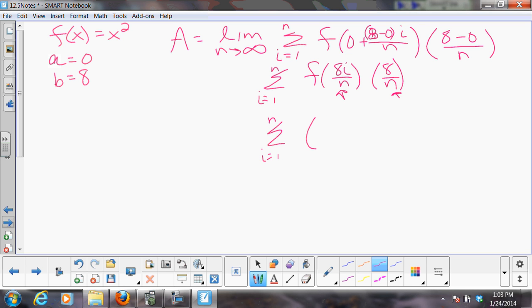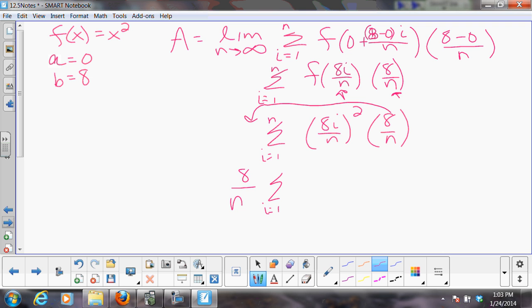So it goes 8i over n squared. Since 8 over n is just a scalar, I'm actually going to factor it out. We can do that. And this becomes 64i squared over n squared.